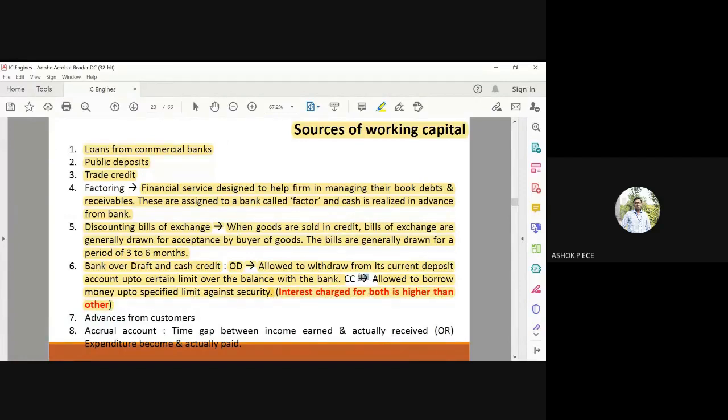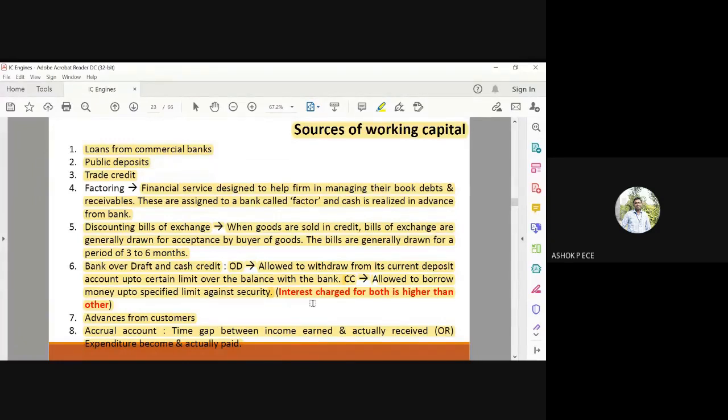You are borrowing money from the bank through overdraft and cash credit facilities, and advance from customers. Some customers pay even before you sell a product. And accrual account. The accrual account is the time gap between the income earned and actually received, or expenditure incurred and actually paid. For example, you sell a product and receive the money after a gap of 3 months.